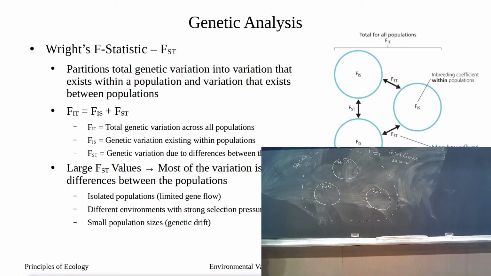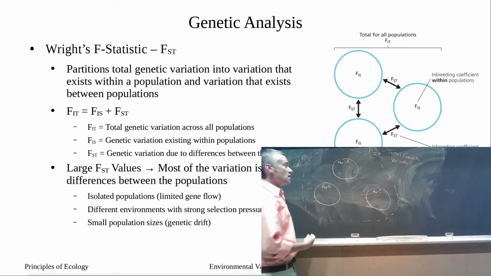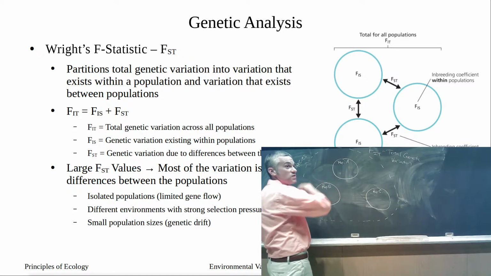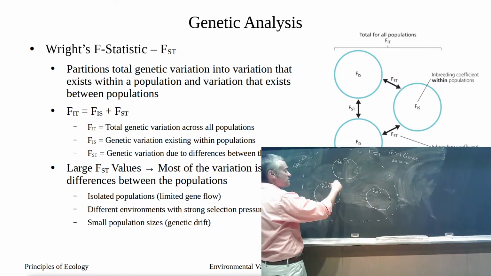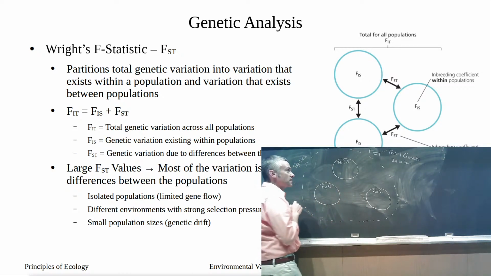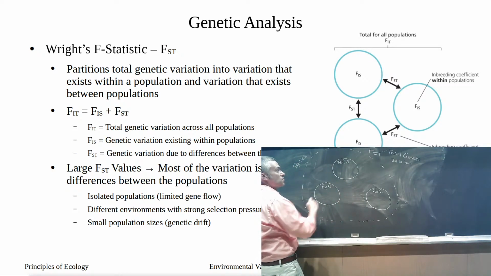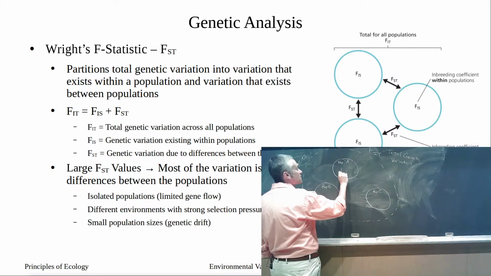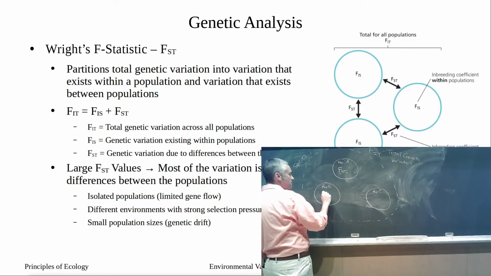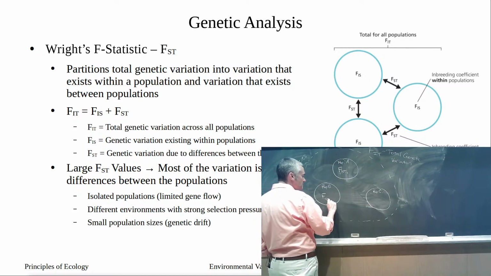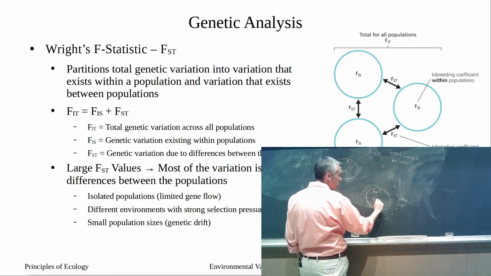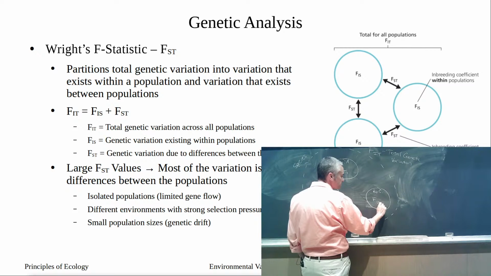And that total variation is composed of all of that variation that exists within a population and all that variation that exists between populations. All right? So with each of these, we have an FST value. It's only a single value.